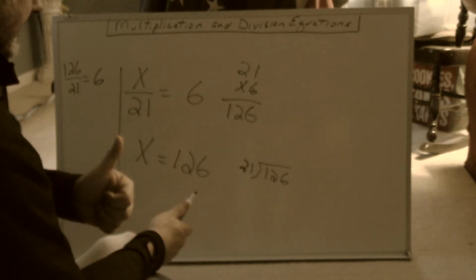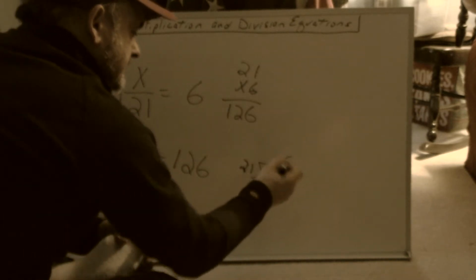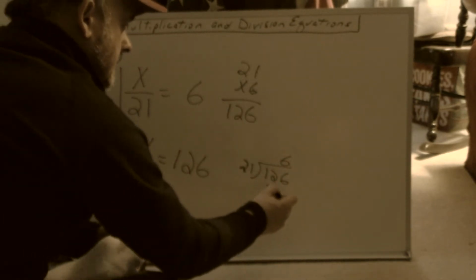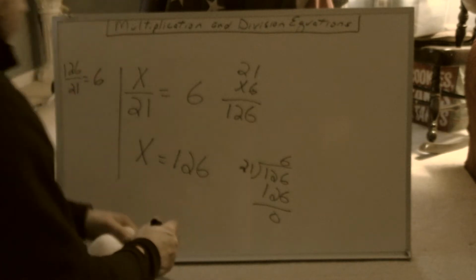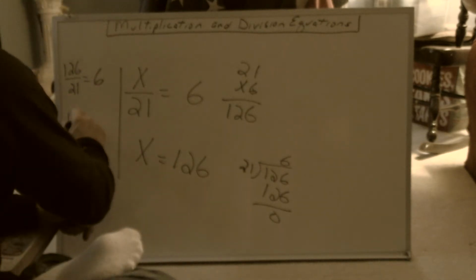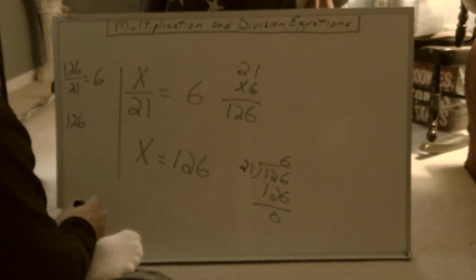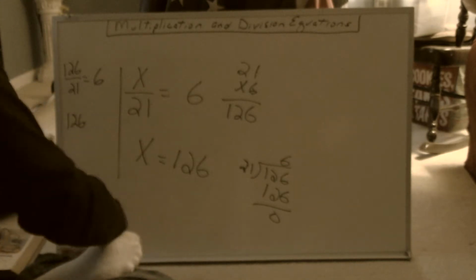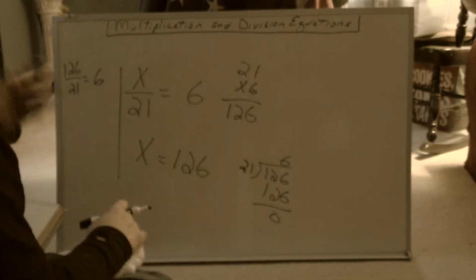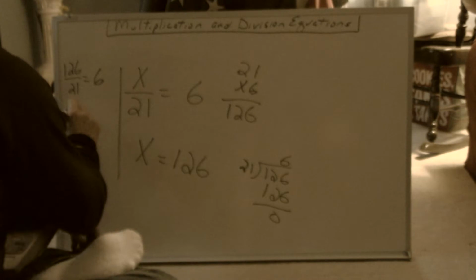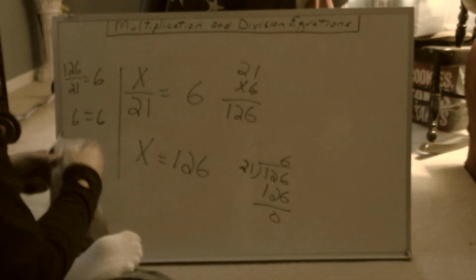That's 6. So that is right. It's 126. So I know it works. 126 divided by 21 is 6.